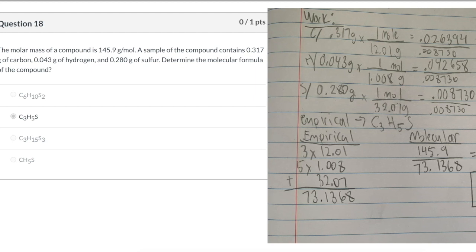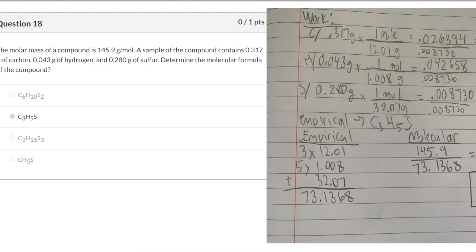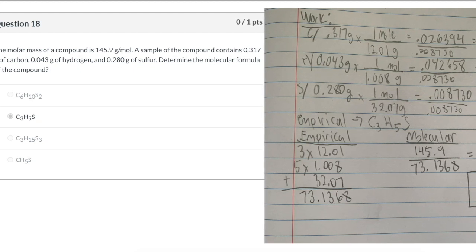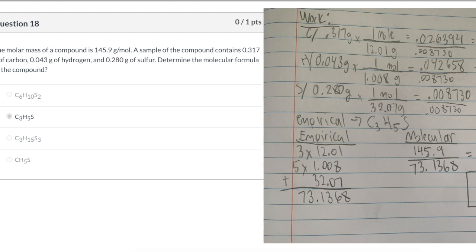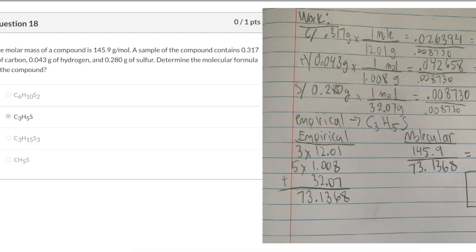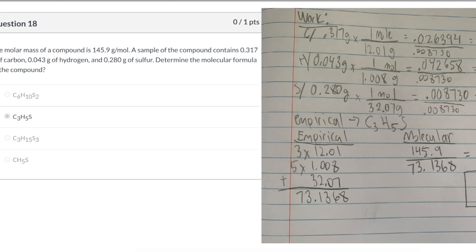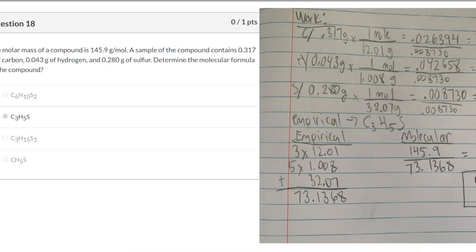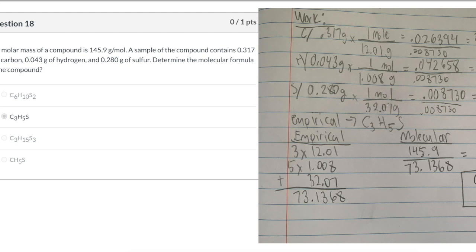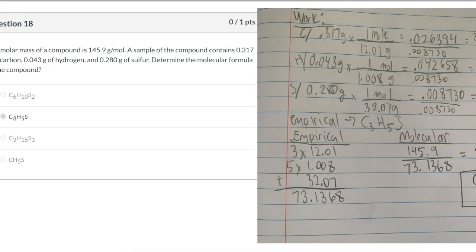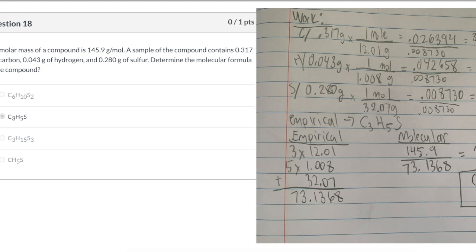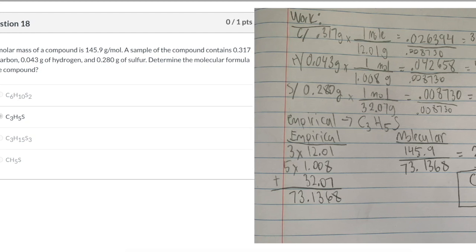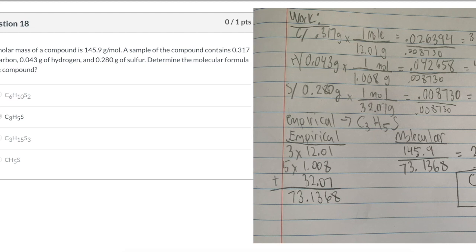And now, for you to set up the equations, you just set that mass given to us, multiply that by 1 mole over however much the element weighs, which would be the atomic mass. So in the first part of the problem, carbon weighs 12.01 grams, and you find that number, the atomic mass, by looking at your periodic table.